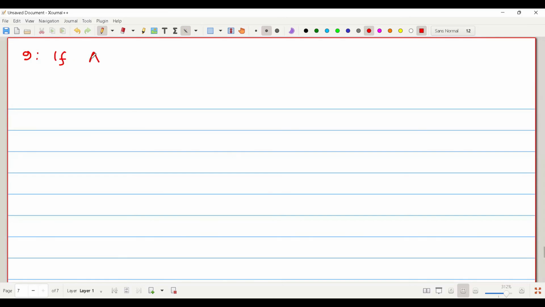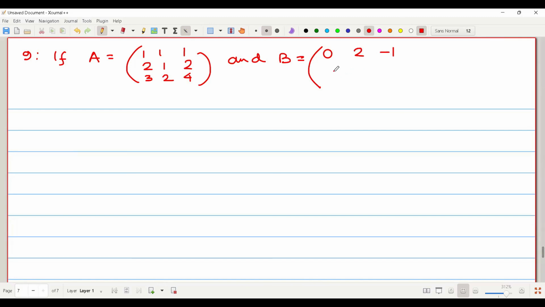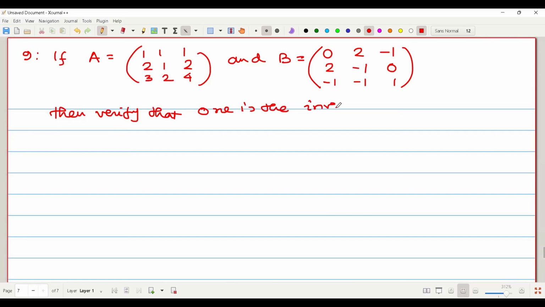If we have A is equal to [1, 1, 1; 2, 1, 2; 3, 2, 4], and B is given as [0, 2, -1; 2, -1, 0; -1, -1, 1], then verify that one is the inverse of the other.